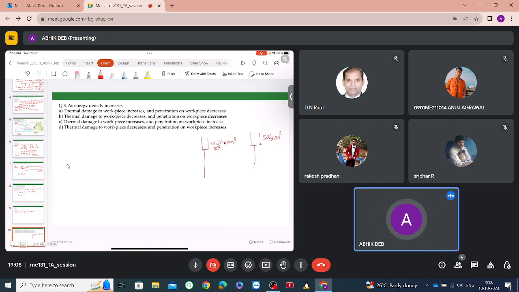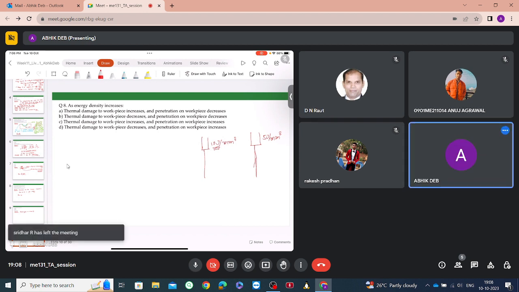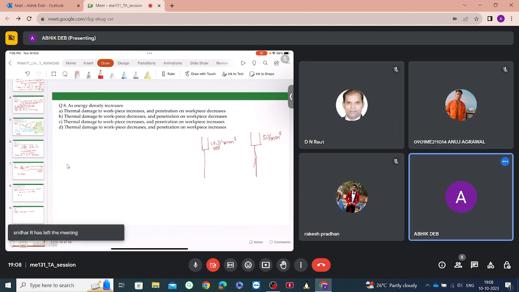In which of these? Consider these as forces. Suppose 10 value of force is coming, so the impact will be felt to a greater depth, or here 5 value of force is coming, the impact will be felt to a greater depth.